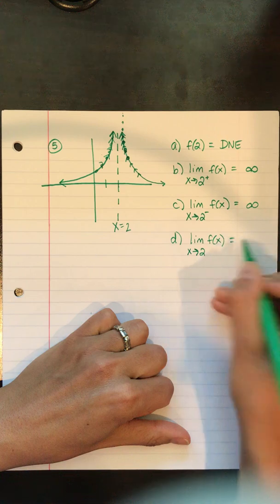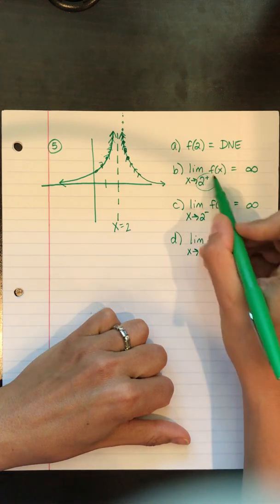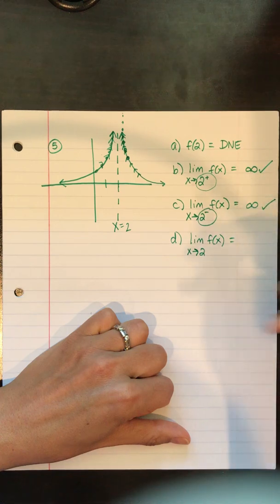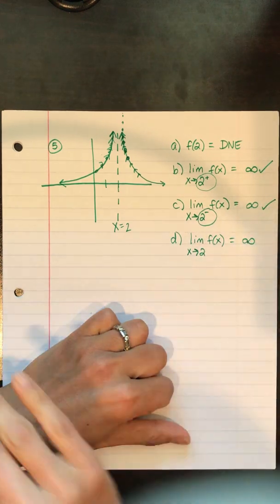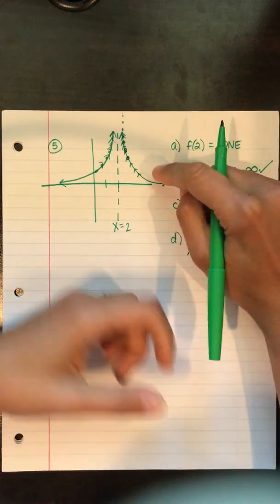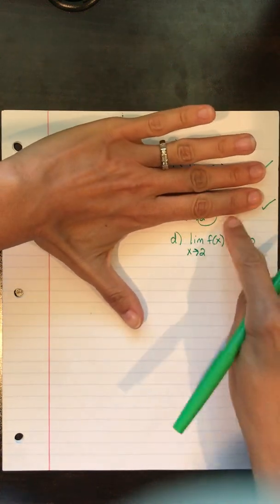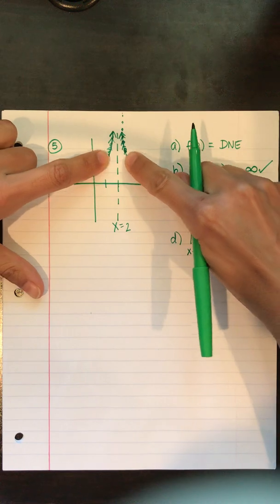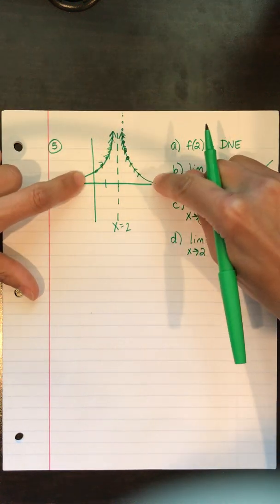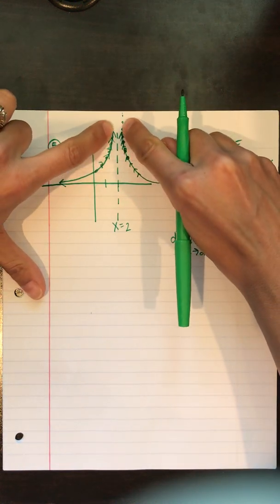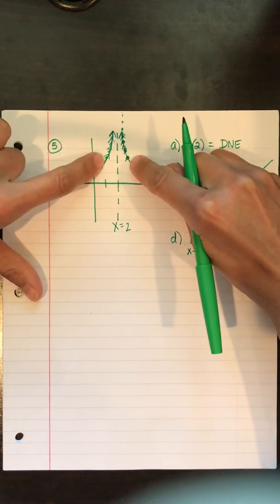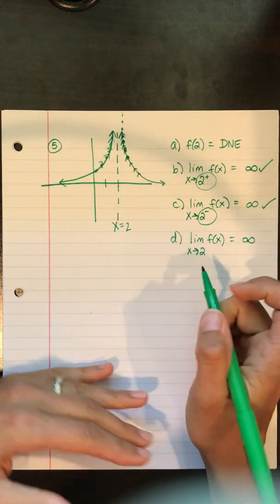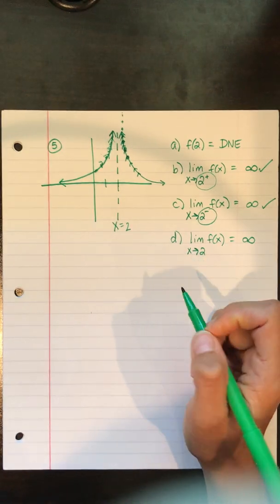Well, remember, if the right-sided limit and the left-sided limit are equal, then the actual limit is that number. So basically, if I hadn't asked you these two and I just asked you this, my eyes would have to do the left and the right at the same time. And if both behaviors are the same, and by behavior I mean the y values are both approaching infinity, the answer is infinity.